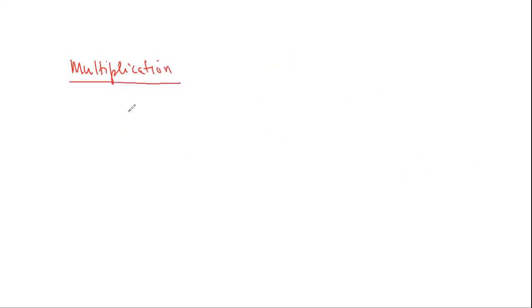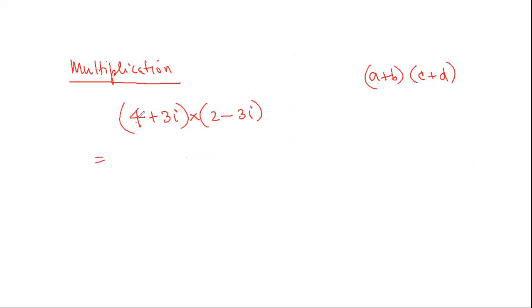It is just opening the bracket. 4 plus 3i multiplied with 2 minus 3i. It is the same as how you open the bracket a plus b into c plus d. First, this 4 will multiply with this bracket. Then 3i will multiply with the bracket.